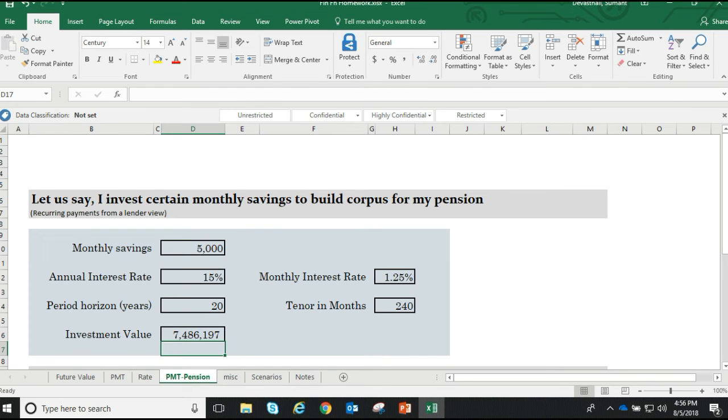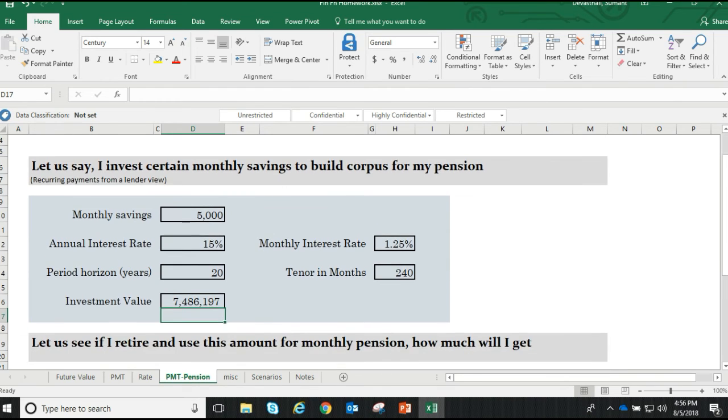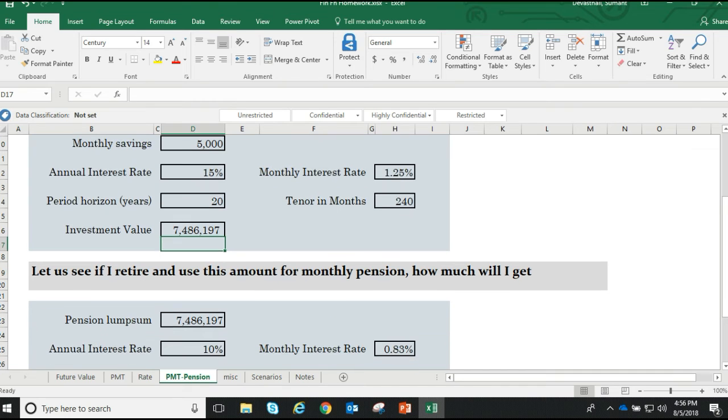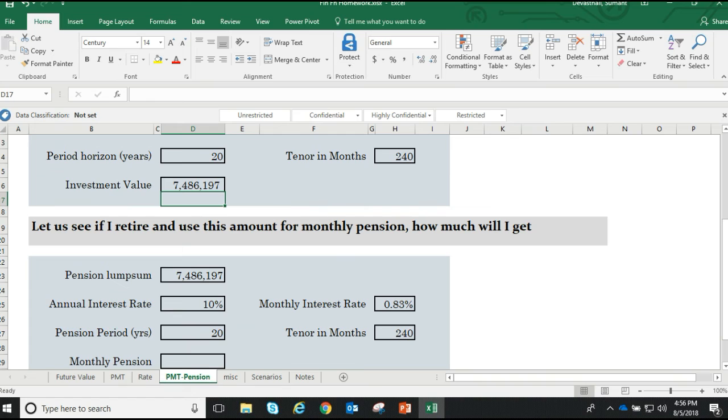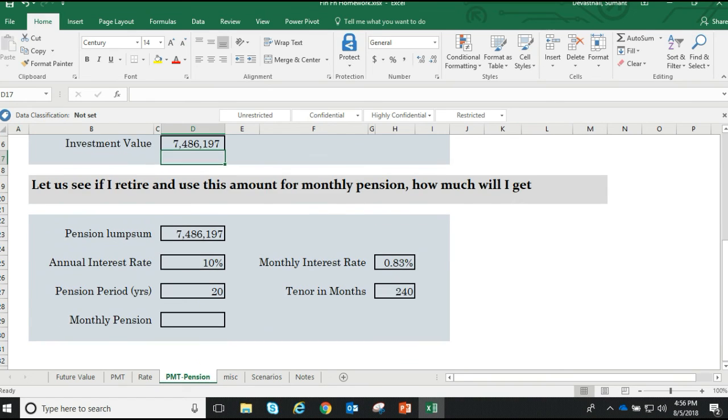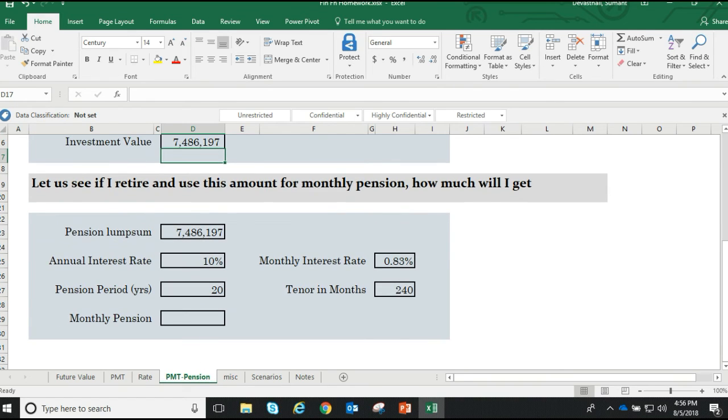Now let us see if he invested this amount into an annuity fund, which provides him a recurring monthly pension for the next 20 years from that point. I guess it's safe to assume 10% return from this fund, since it would be a relatively non-aggressive investment. Now let's calculate the monthly pension he will receive.